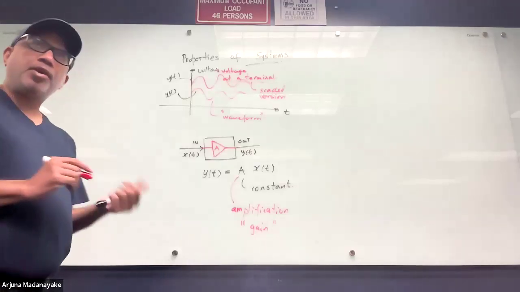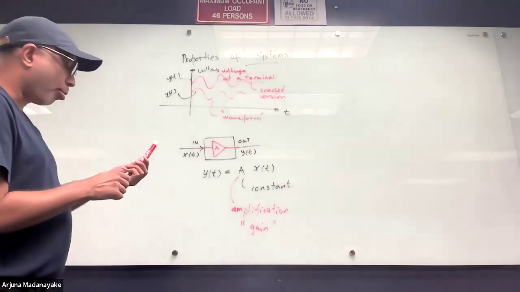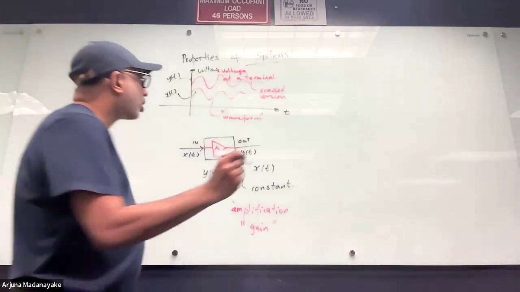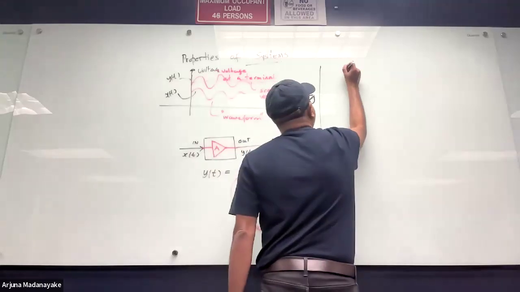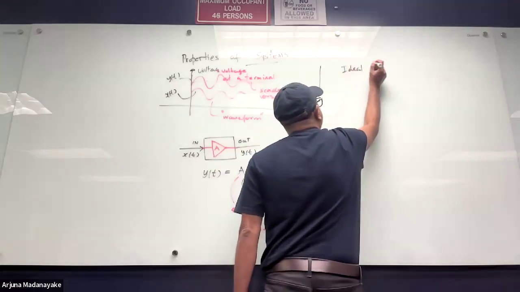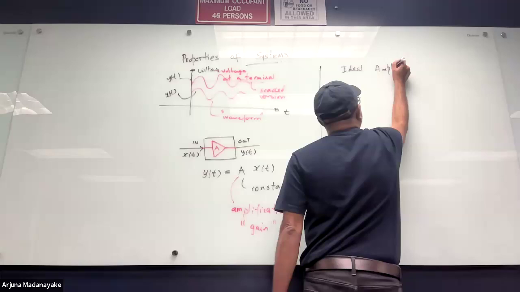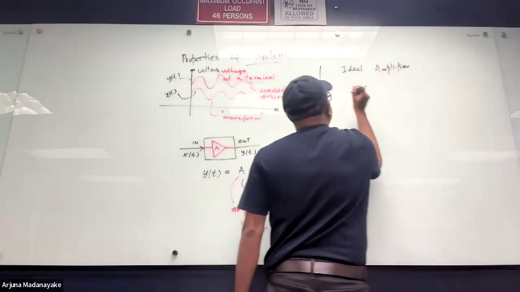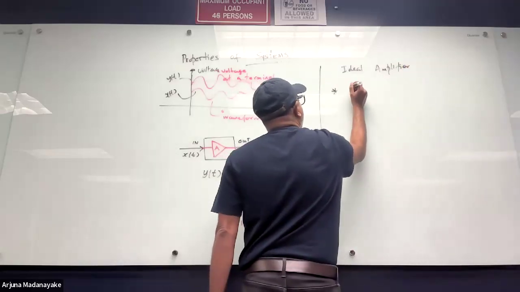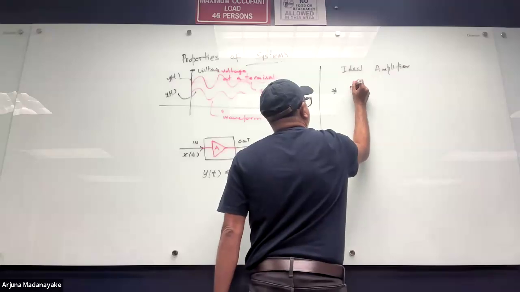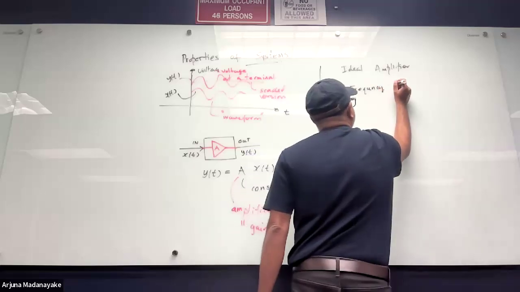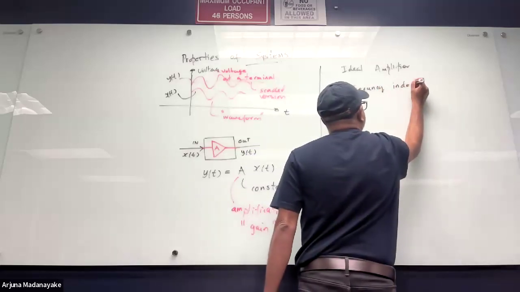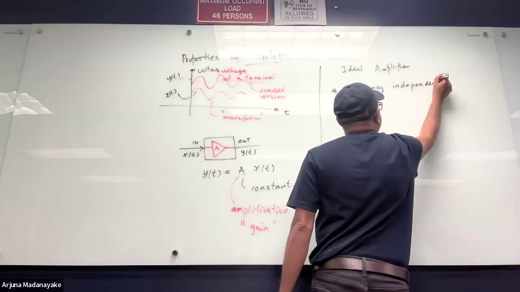Okay. So the amplifier in the ideal case has some properties, right? So we can say, okay, an ideal amplifier has the property of frequency independent gain.